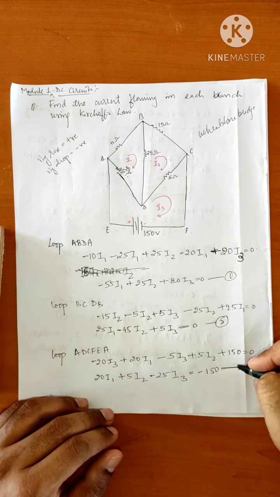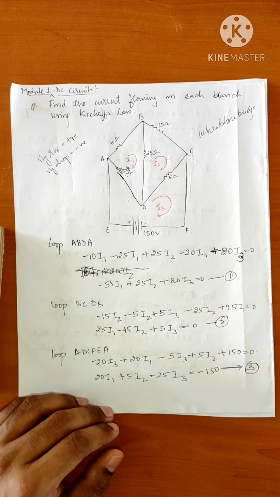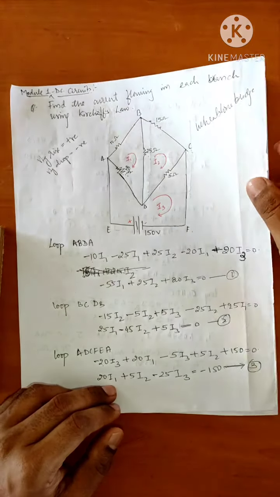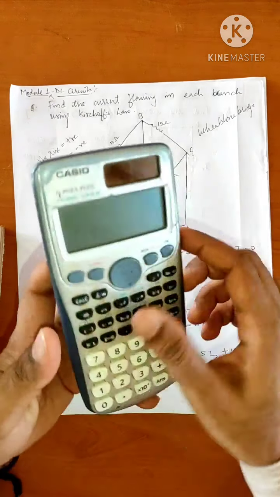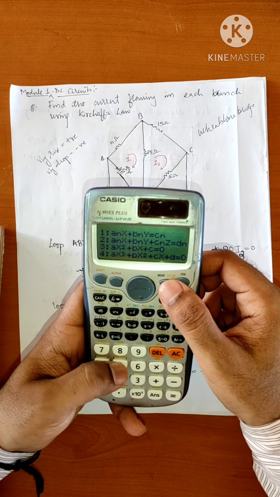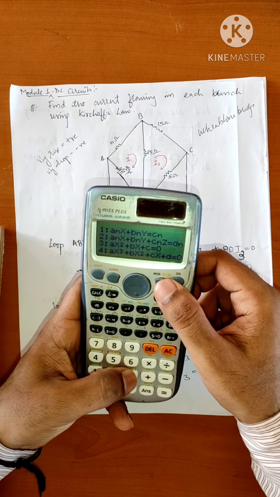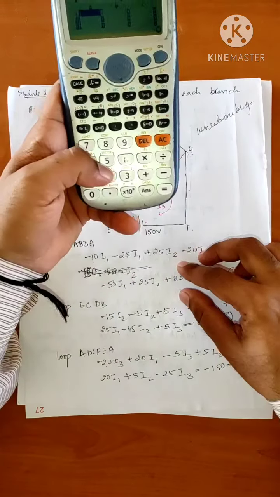So we have got these three equations and we are going to solve them using a calculator so that we can find the currents I1, I2 and I3. Just go ahead with equation 5. As there are 3 unknowns, I'll be selecting 2. Now I have to enter these numbers.